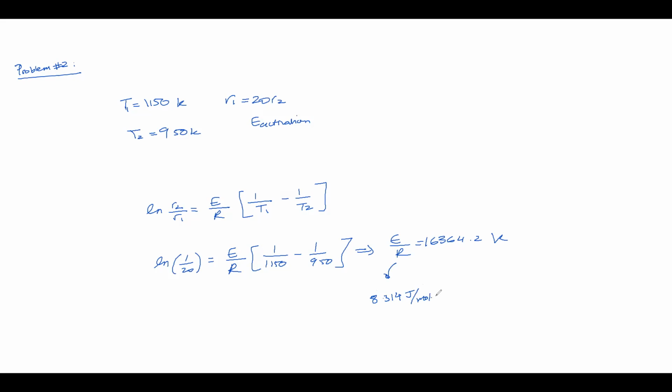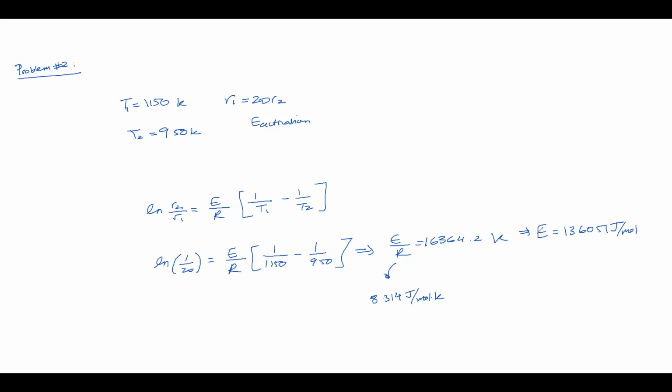So if I cross multiply on all of this stuff, from here I can get E to be equal to 136,051 joule per mole, right? And again, R is joule per mole Kelvin, so the units cancel out with Kelvin.